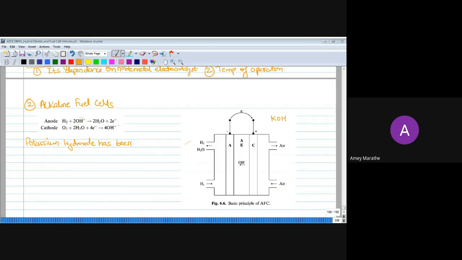Potassium hydroxide has been the electrolyte of choice because of its high conductivity of hydroxide ion.